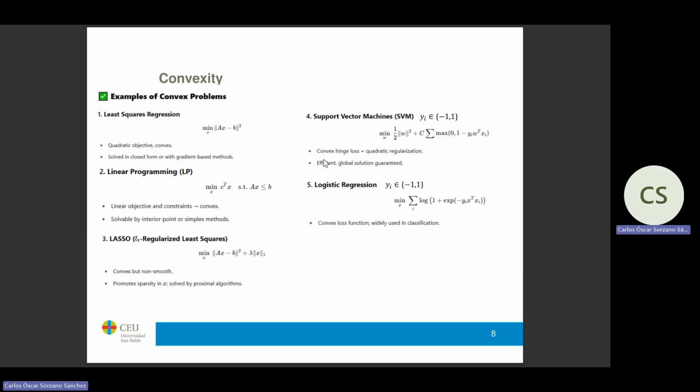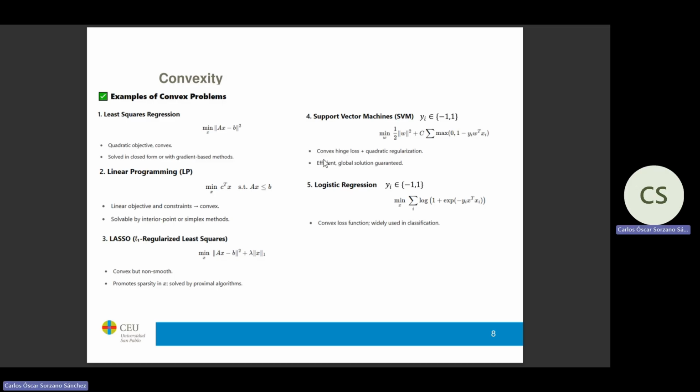These are very, very important. All of them are very important convex problems. So the first one is least squares, typically formulated this way. This is a convex function, so the objective is convex. If you find the minimum, it is the global minimum.